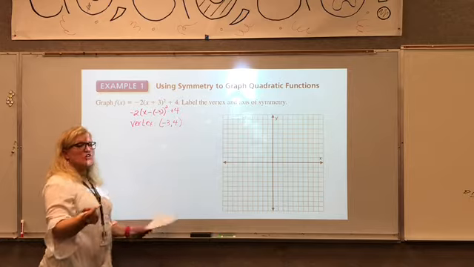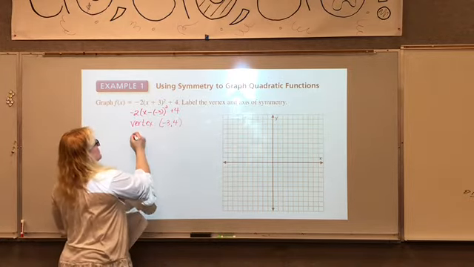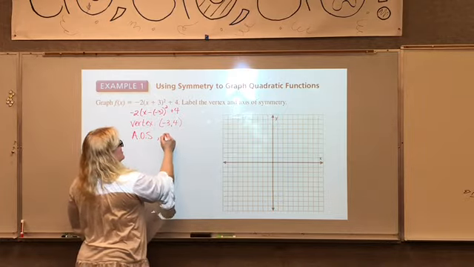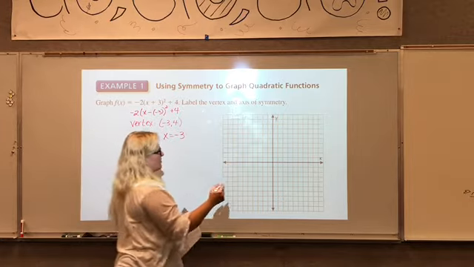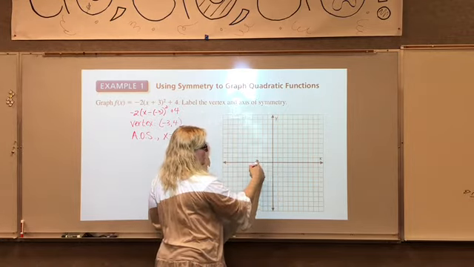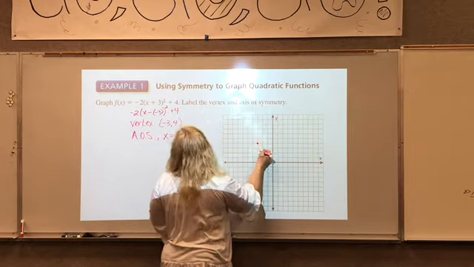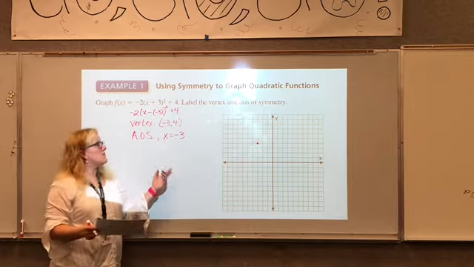Okay, and if you have the vertex, you've got your axis of symmetry. Your axis of symmetry, AOS, is x equals -3. So -3, 4: 1, 2, 3, and 1, 2, 3, 4. Okay, there's my vertex.